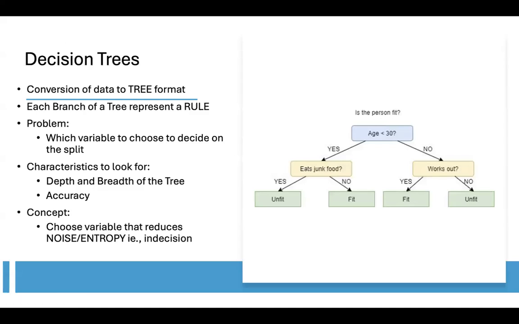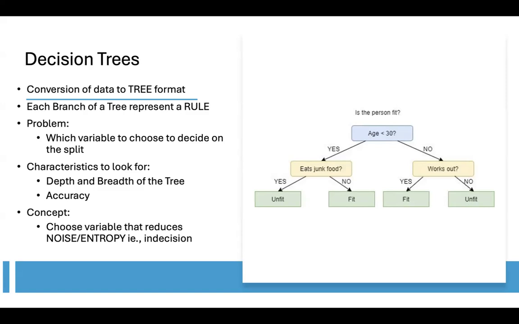Now, a decision tree is primarily a data representation in the form of rules, and this is a conversion of data into tree format. We are strictly talking about trees here, we are not talking about graphs.